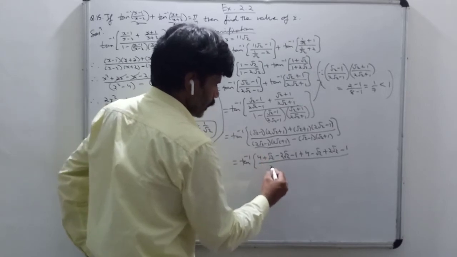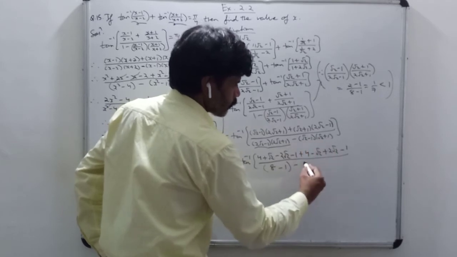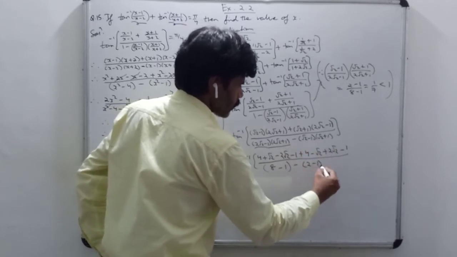Here I will get 2 root 2 square, that is 8 minus 1. Minus here again root 2 minus 1 into root 2 plus 1, that is root 2 square, 2 minus 1.